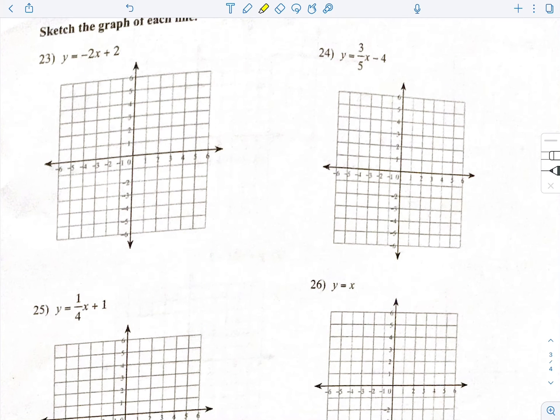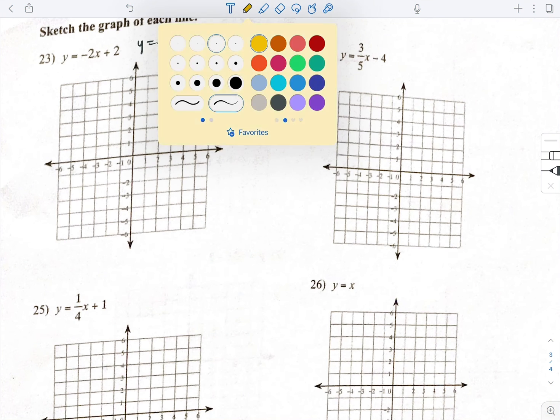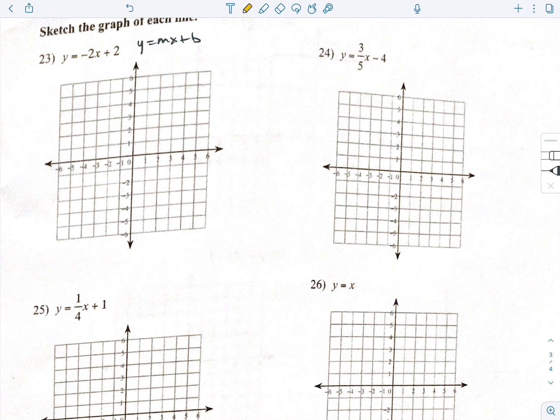Next part, sketch the graph of each line. This is slope-intercept form. Remember, B is the y-intercept, and M is our slope. So we're going to go ahead and graph our y-intercept, which is 2.